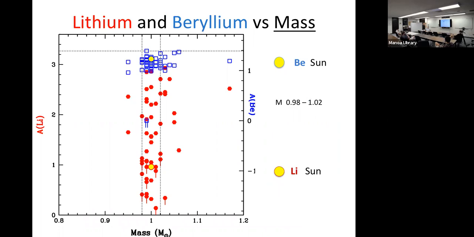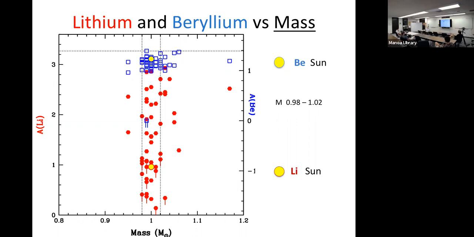Now we put them both together. So the next slides are going to show lithium and beryllium on the same scale and normalized to the solar system abundances. So the horizontal line there at 3.3 for lithium and almost 1.4 for beryllium, that is the solar system abundance.